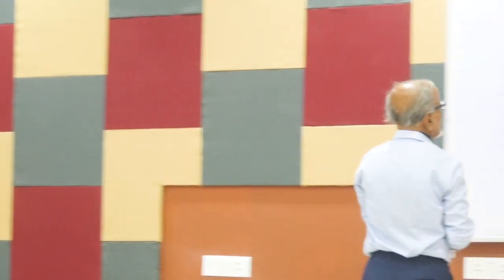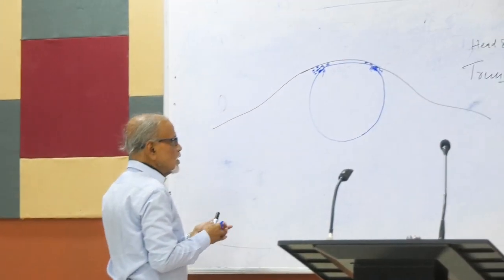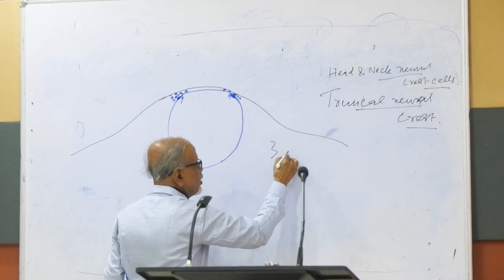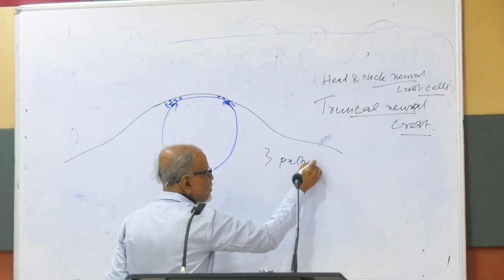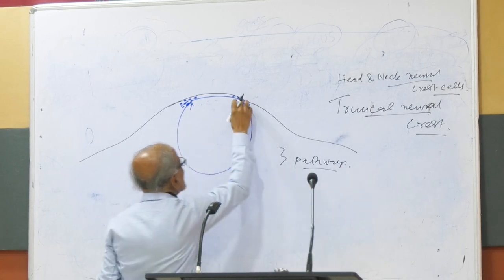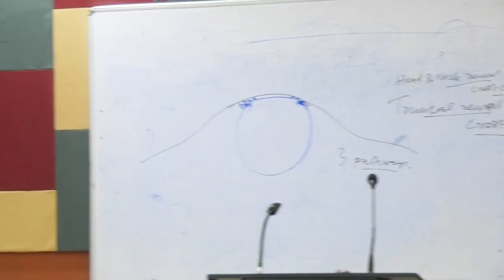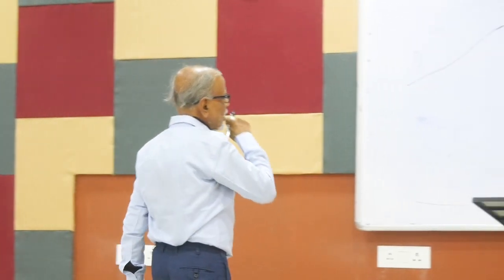Now the neural crest cells will be dispersing along three pathways. They will be distributing or dispersing from here through three pathways. They will not be lying long enough here. A group will be lying very close to the neural tube, we will come to that later.